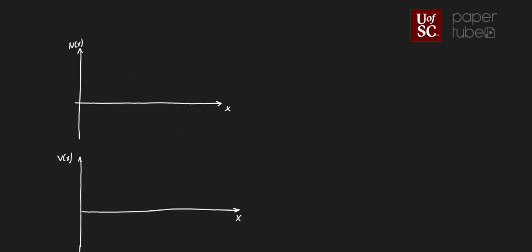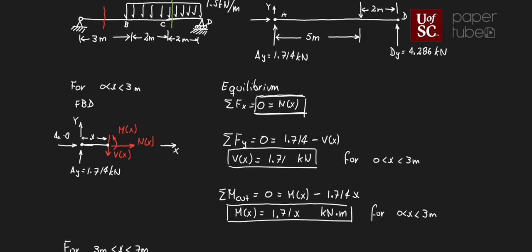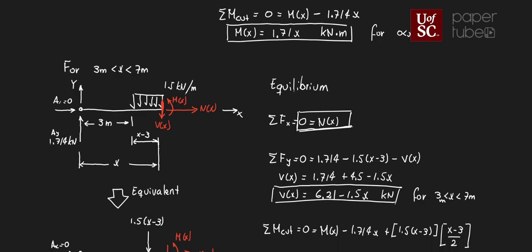All right, let's start with the first one. Let's go back to our prior page where we looked at the normal forces. We found that between 0 and 3, the normal force was equal to 0. And between 3 and 7, that force was also equal to 0. I'm going to change my color here, let's try the yellow one.